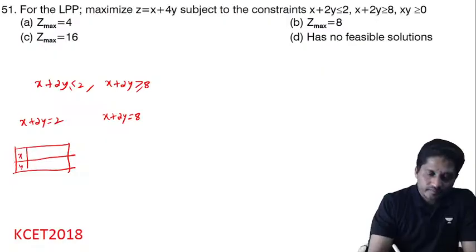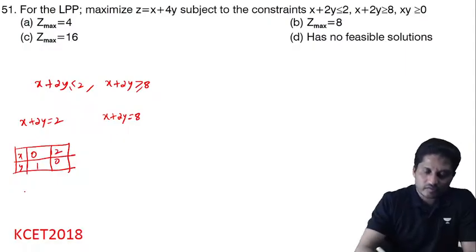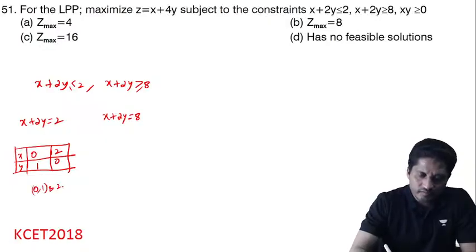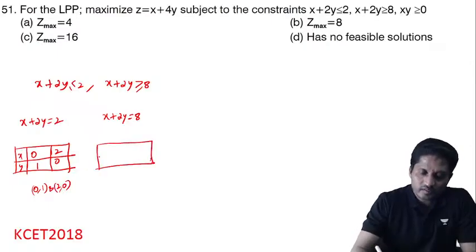This is x, this is y. When x is equal to 0, y is equal to 1. When y is 0, x is 2. Then for the other line, when x is 0, y is 4. When y is 0, x is 8. So 0 comma 4 and 8 comma 0.